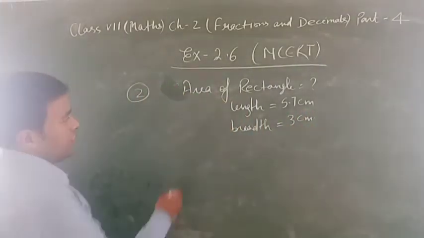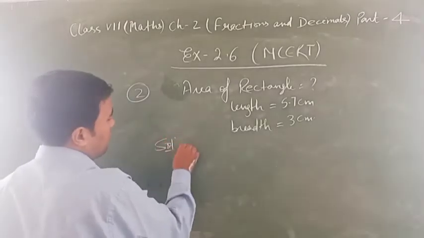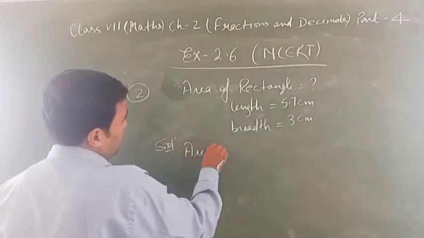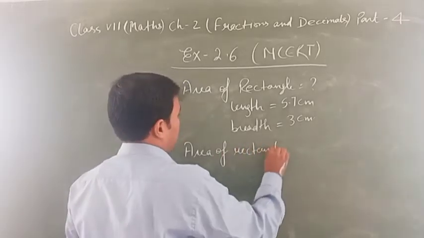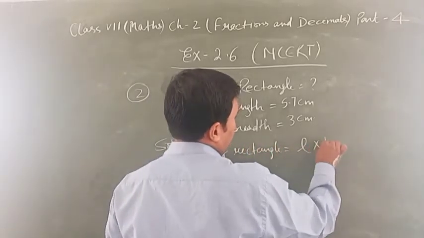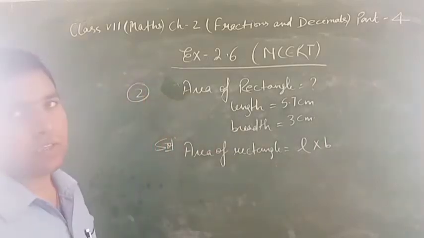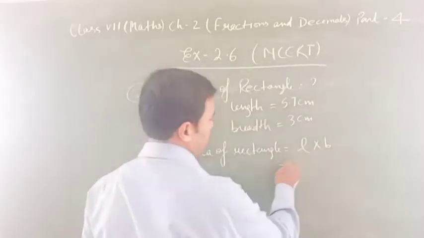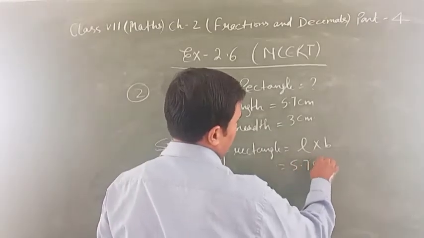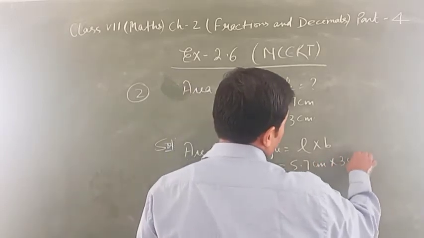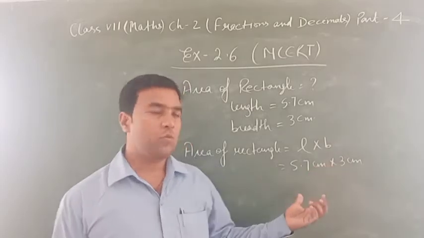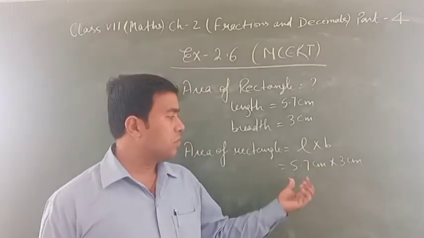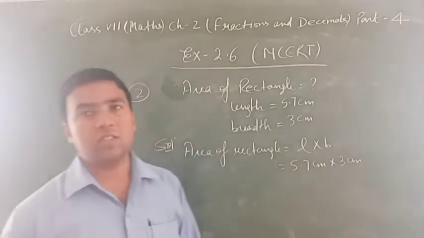Clear? Area of rectangle equals length into breadth. Formula is area of rectangle L into B. Put the value of length and breadth: 5.7 centimeter into 3 centimeter.